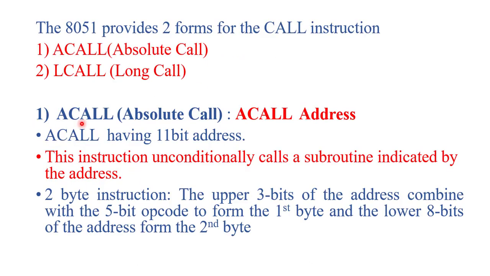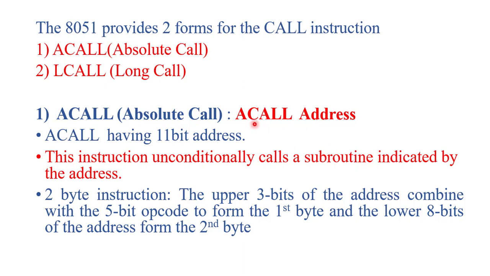Now the 8051 provides two forms of the call instruction. First is absolute call and second is long call. So first I explain absolute call. This is the syntax of absolute call: ACALL address. The address is also known as a label.